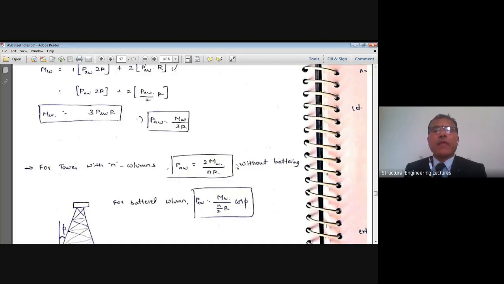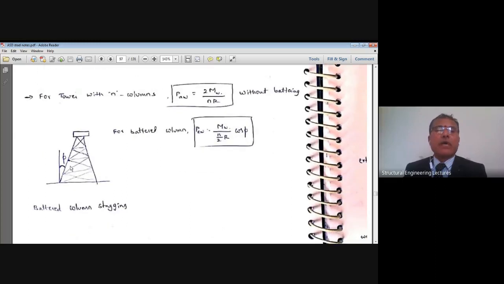Right? That is without battering. If the columns are battered, making an inclination of phi or theta with respect to the vertical, this batter is very small, maybe 3 or 4 or 5 degrees as appropriate, keeping in view the requirement of stability. In such a case, the additional axial load in the battered columns is equal to M_W divided by n by 2R as appropriate, multiplied by cos phi, because the cos component will be forming the couples.